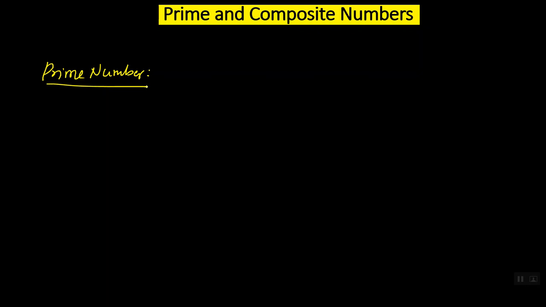Let me tell you in simple words: any number which is divisible by 1 and itself is called a prime number. So what are those numbers? If I make a list, 2, 3, 5, 7, 11, 13, 17, 19, 23, 29, and so on. These are the first 10 prime numbers which I have written.